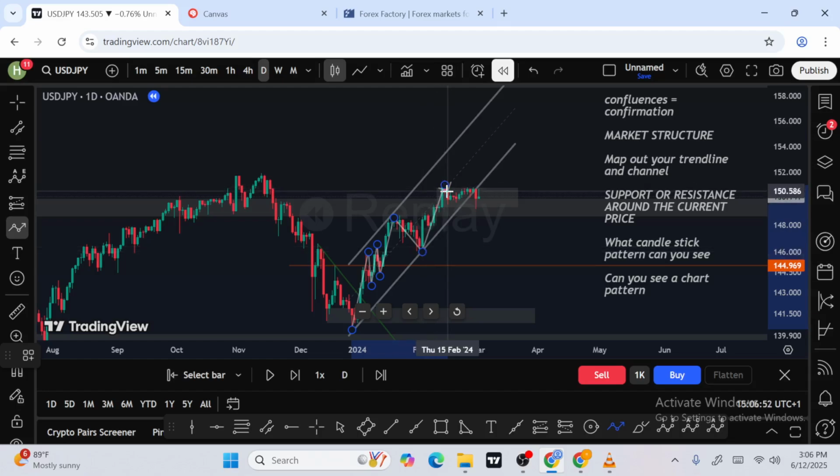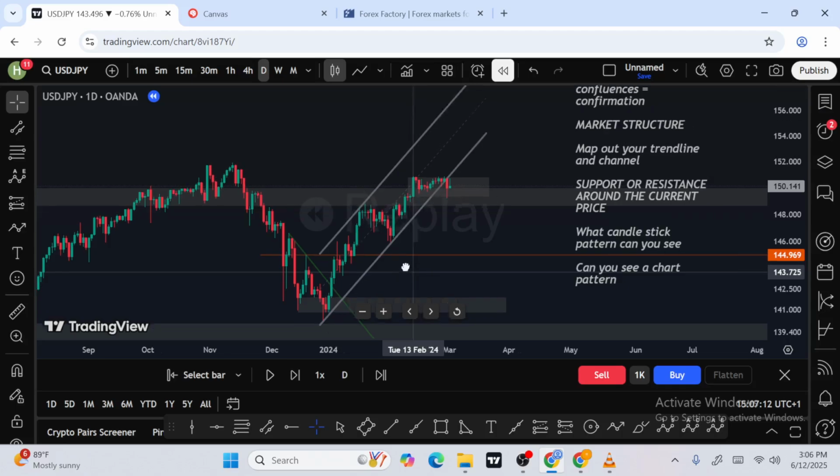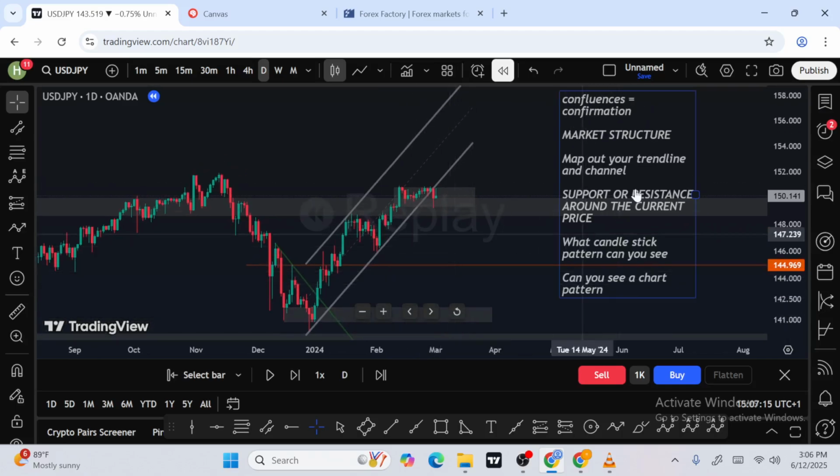For us to have a change of character, this guy must close below which guy? Do you get it now? Before you call it change of character. But if it did not break below it, market is still expected to go up. All this that is happening here is just what? Do you get it now? Market structure is still to the upside.